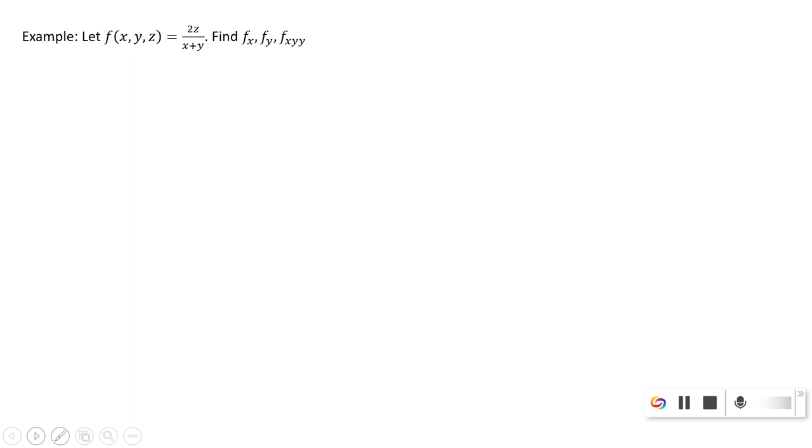And I'm defining it to be 2z divided by x plus y. So in this particular case, we could find the partial derivative with respect to x, with respect to y, or we could even find it with respect to z. And so you can find a partial derivative with respect to any one of the input variables in that function.